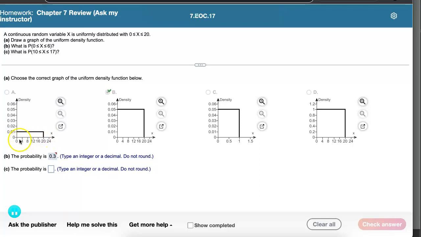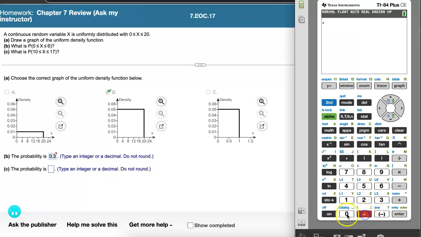Its length goes from 0 to 20, so its length is 20. So when we multiply those together, we get that the area under this density function is 0.2. However, it should be 1. So that tells me I can eliminate this choice.